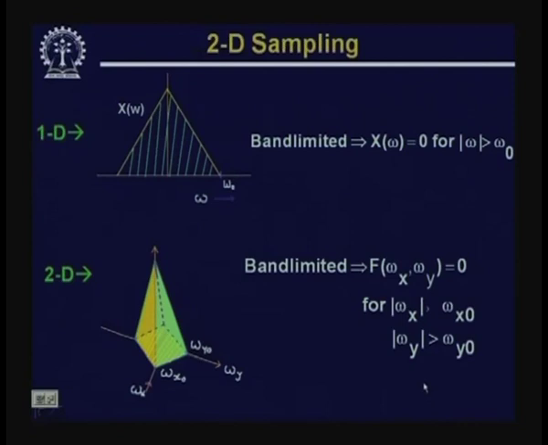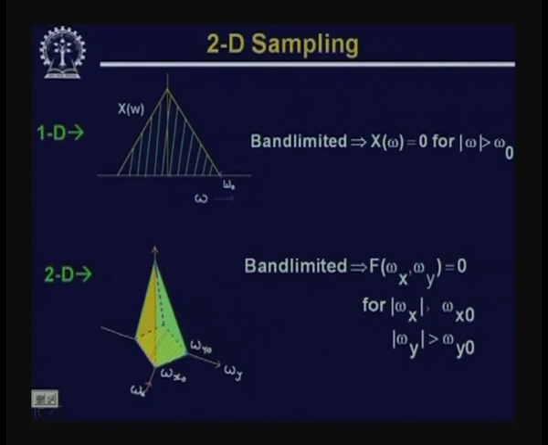Now, for the signal x t, we had its frequency spectrum represented by X of omega, and we say that the signal x t is band limited if X of omega is equal to 0 for omega greater than omega naught, where omega naught is the bandwidth of the signal x t.